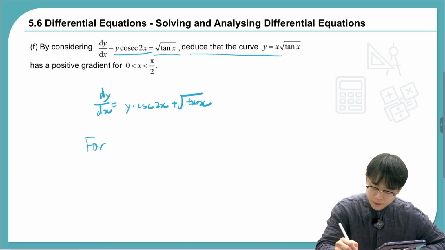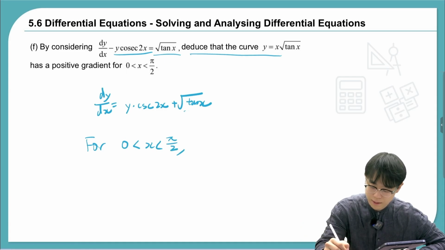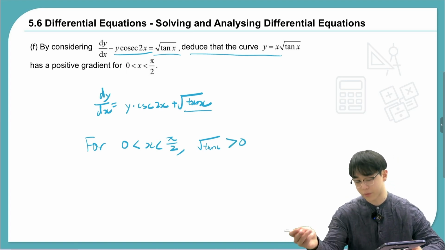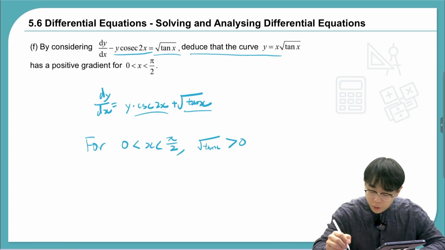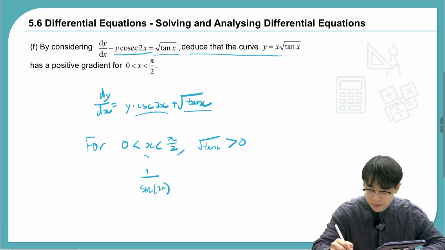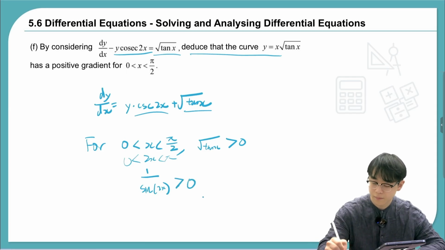So for the given interval of x being between 0 and pi over 2, we could say that tangent x is going to be greater than 0. So square root of tangent x is also greater than 0. And cosecant, so 1 over sine 2x, right? So 2x is going to be between 0 and pi, right? So this is also going to be positive.